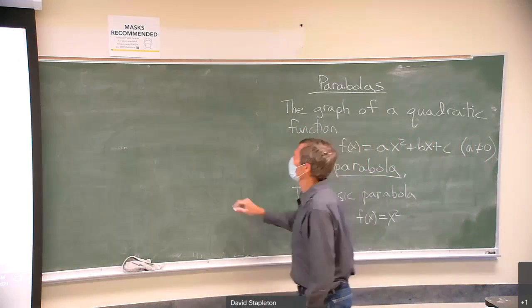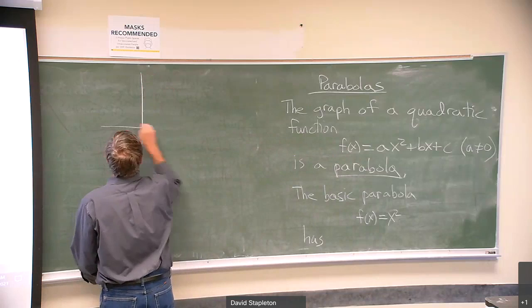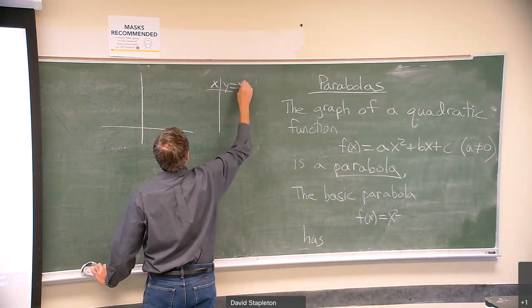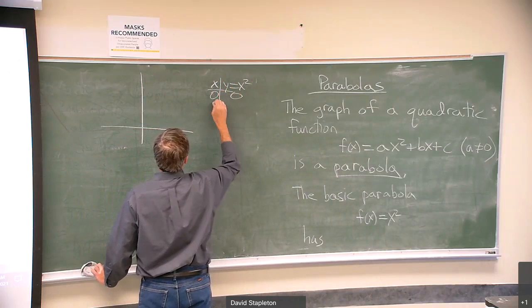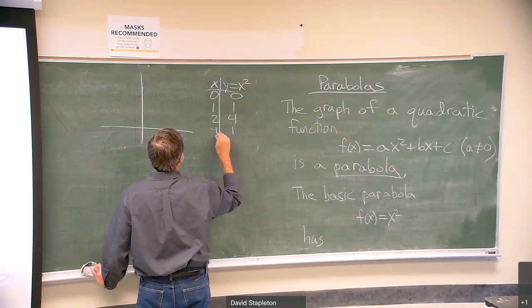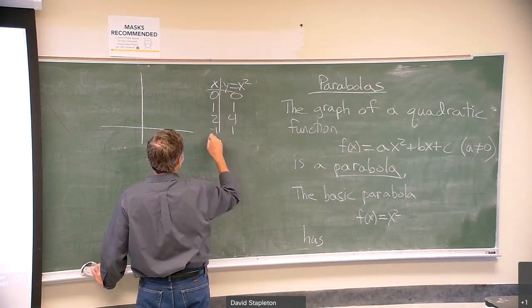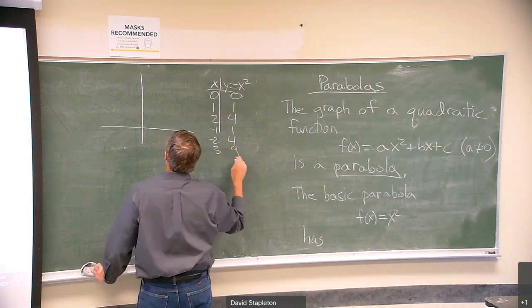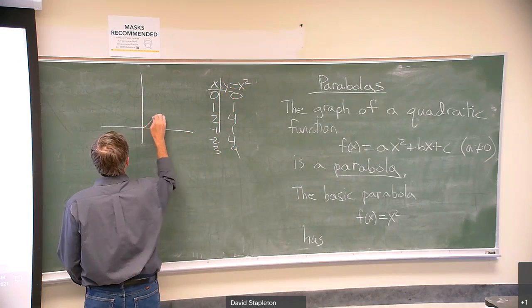Really easy baby graph. You just make a little table here. Here's x versus y equals x squared, and you put 0 and you get 0. You put 1 and you get 1. You put 2 and you get 4. Minus 1 and plus 1. Minus 1 squared is 1, and minus 2 squared is 4. 3 gives 9, and so forth. And so you get something that looks like this.